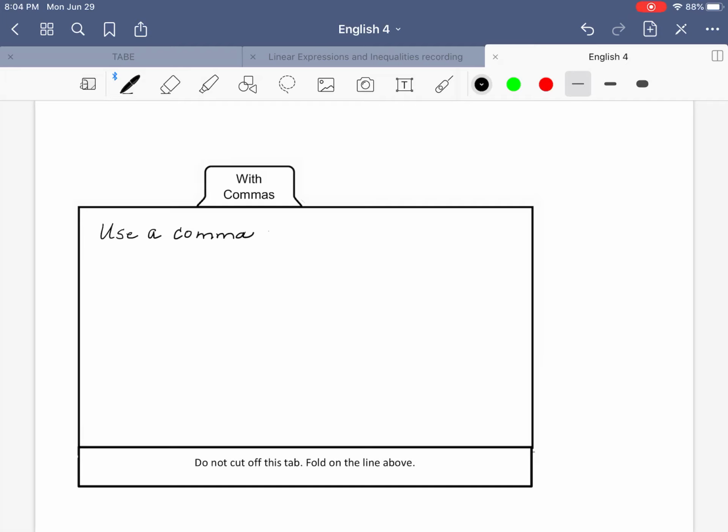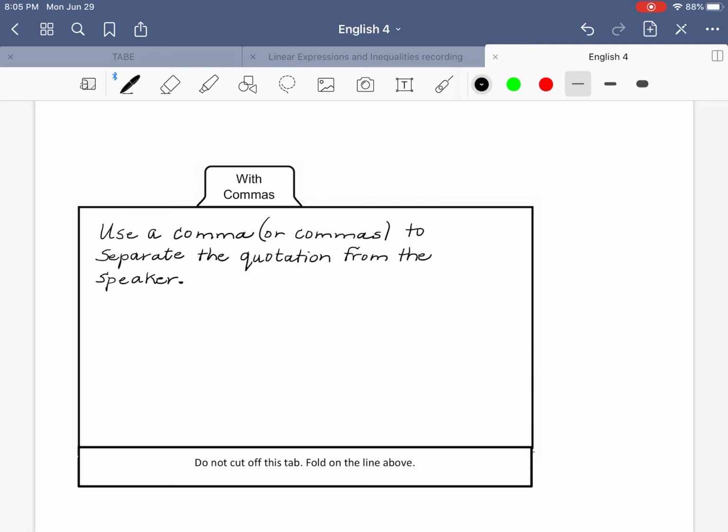Use a comma or commas if you have an interrupted quote to separate the quotation from the speaker. You don't want to let that run together.